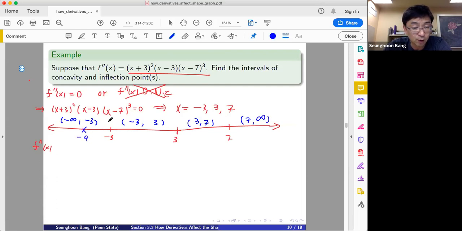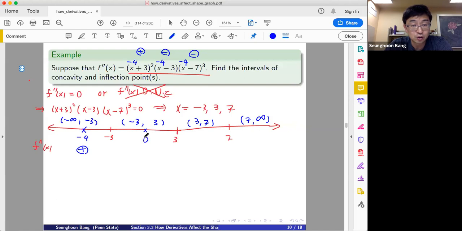You choose minus 4 and plug minus 4 into x in the second derivative. Negative 4 plus 3 is minus 1, squared, the 2 is an even power, always positive. Negative 4 minus 3 is negative. Negative 4 minus 7 is negative 11 cubed, the 3 is an odd power, so this is also negative. Negative times negative is positive.